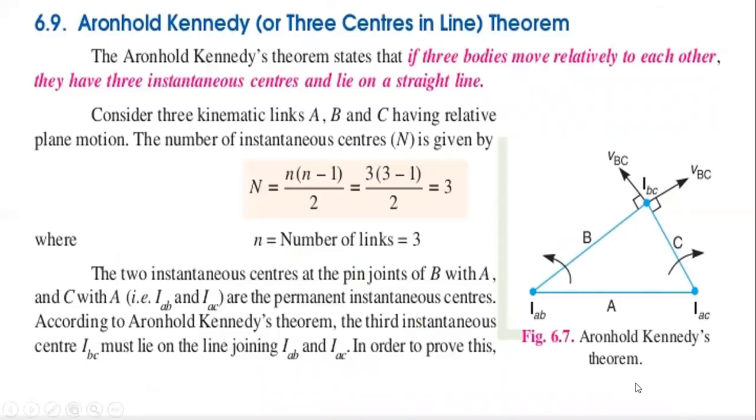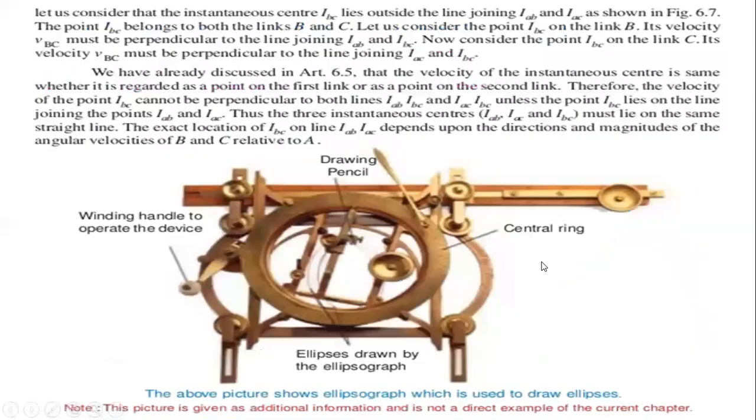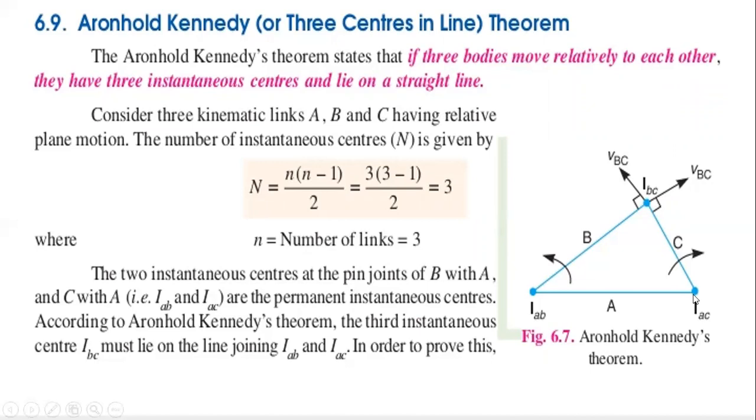So the velocity of the B link is perpendicular to the line joining IAB and IBC. Now consider the point IBC on the link C, that is IBC is on the link C.